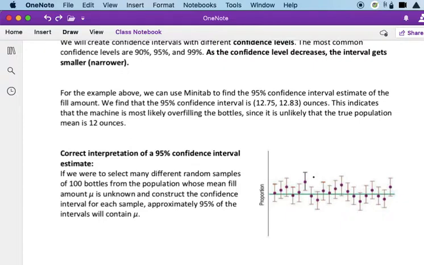One of them would not. And so if you look at this image, you see this one right here does not contain the true population mean, or the green line. All of the other intervals, 19 of the 20, do contain the green line. Some of them just barely, like this one, but they do contain the green line. And so 19 out of 20 would give us 95% confidence.